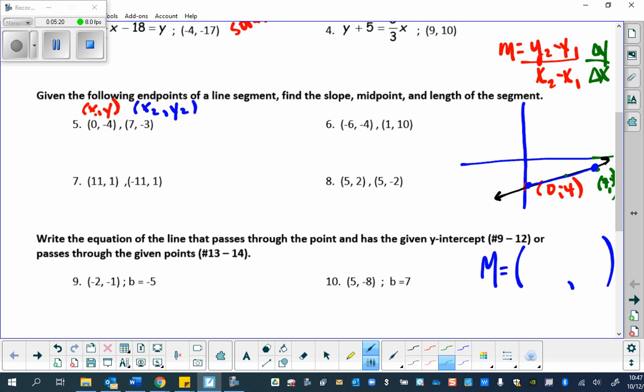Our midpoint is going to be that point in the middle. And that's where I take my average of my x's and my average of my y's. I can't do that with a line. I can do a slope with a line, but I can't do that with the midpoint. I need a line segment.